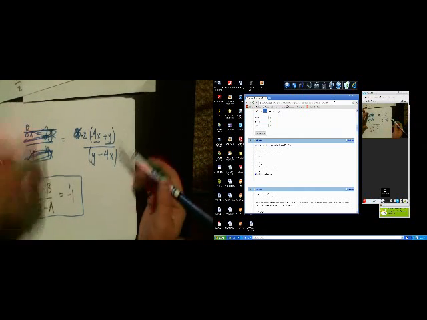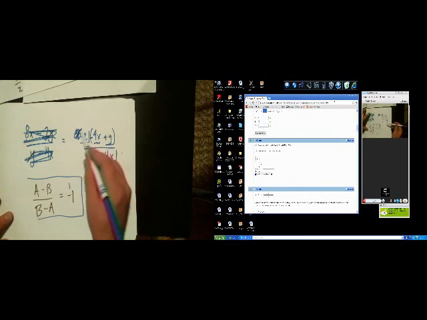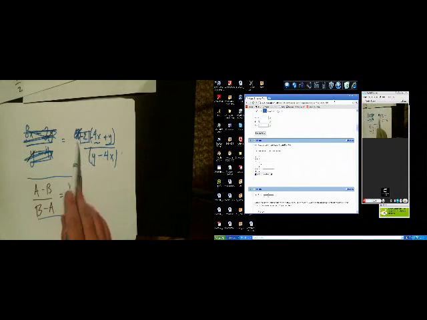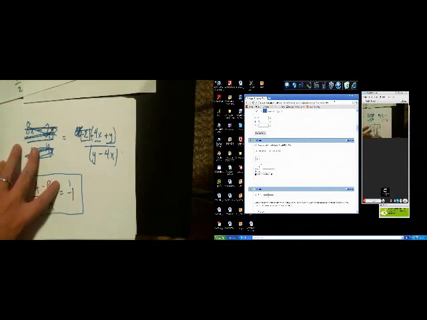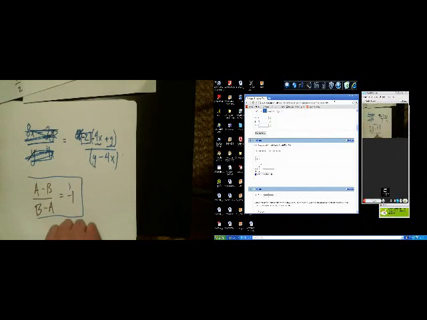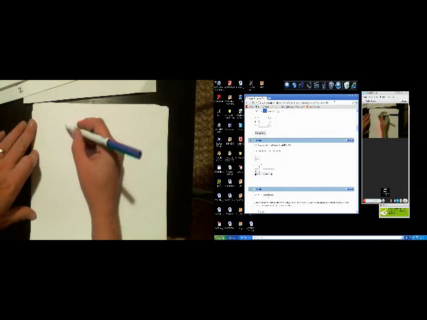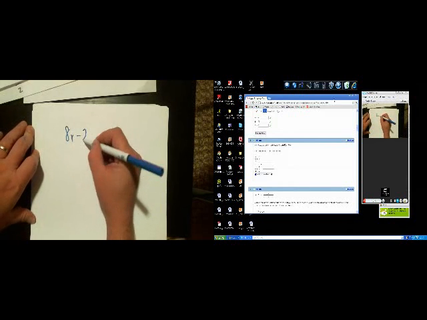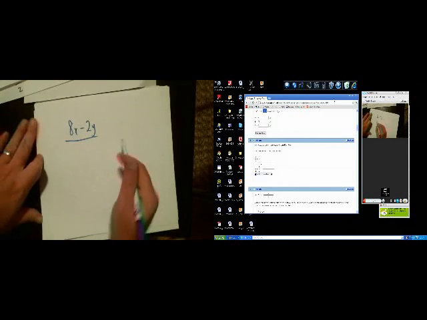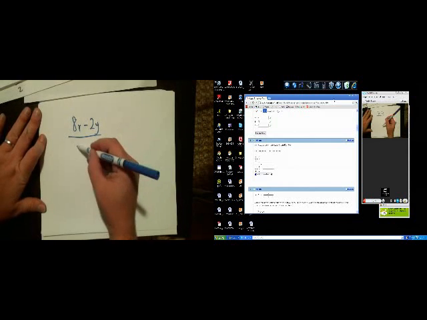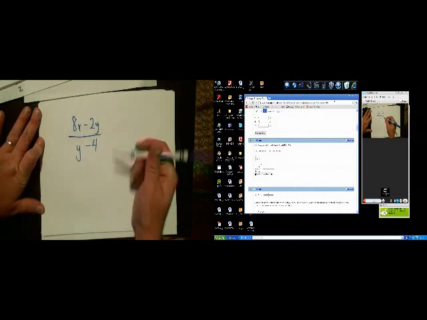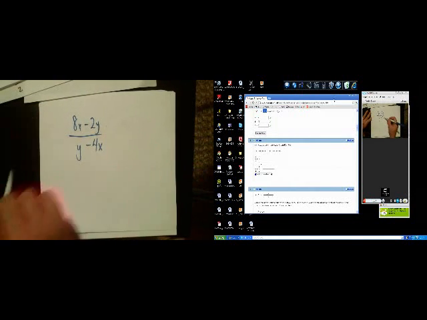And how could you know to factor out a negative 2 instead of a 2? If you go back to the original setup, we had 8x minus 2y in my invented problem over y minus 4x.